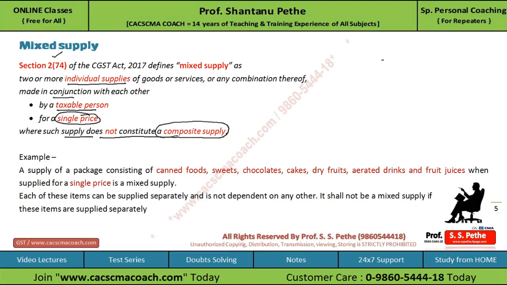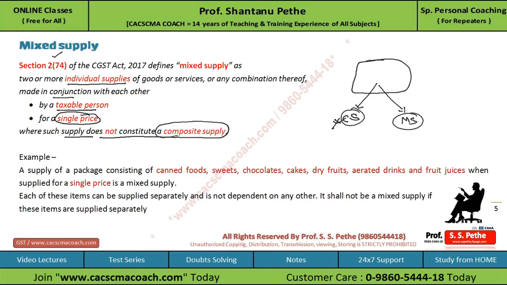So whenever there is a combination of supply, you have to first check whether it is a composite supply or not. If it is not a composite supply, then only it will fall under the definition of mixed supply.